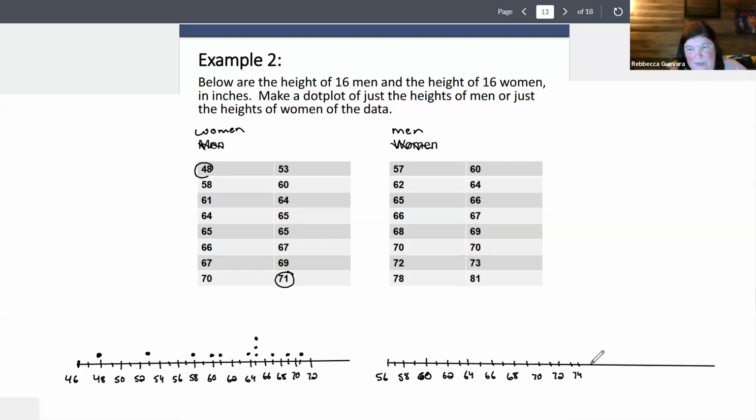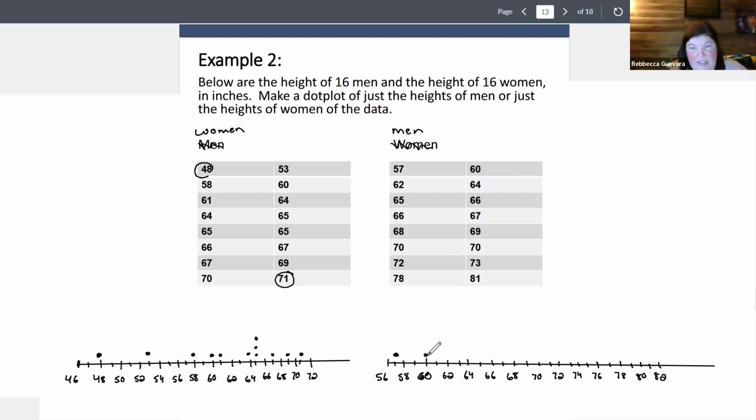Oops, let me do that again. 74, 75, 76. Almost there. 78, 80, but I need a little bit bigger, so I'm going to go up to 82. So I'll mark out those points again.